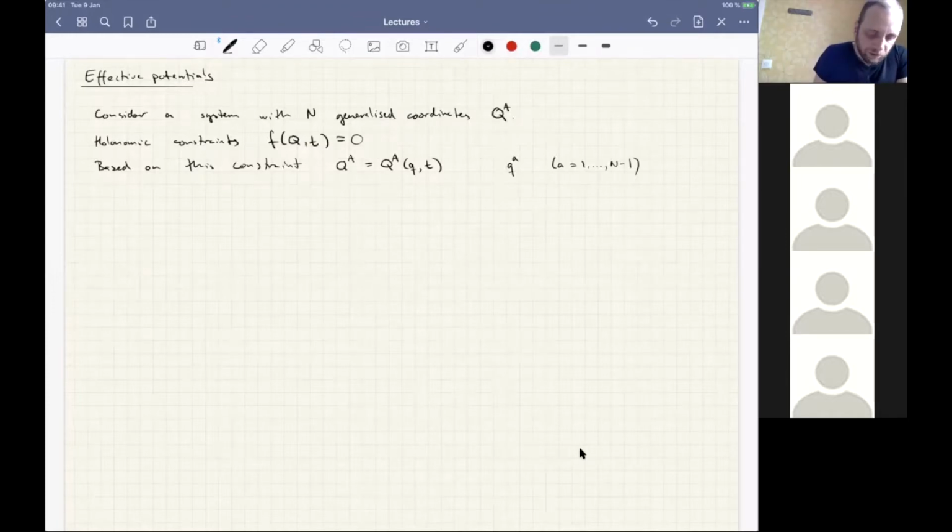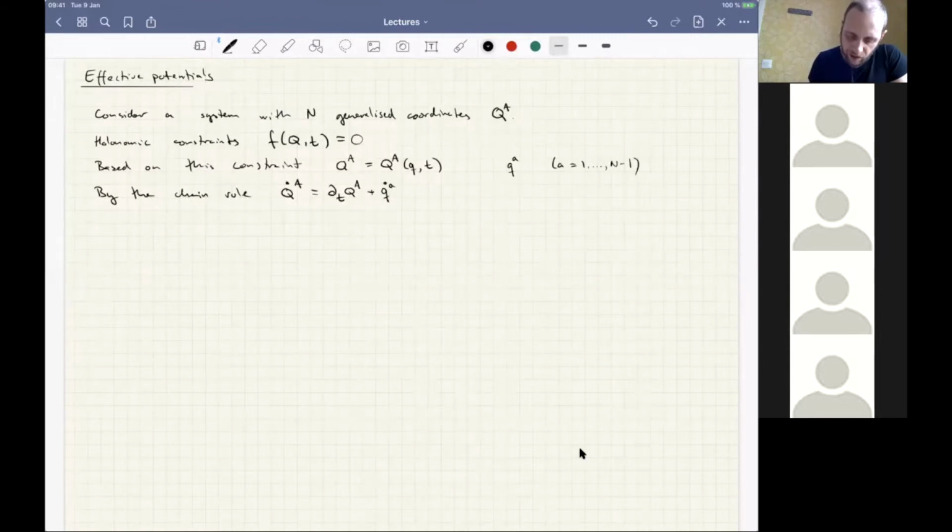And by the chain rule, if I want to know the time derivative of the capital Q's, we have the following. If I take the time derivative of that, what I get is the partial derivative with respect to time of Q^A plus q dot^a times the partial derivative of Q^A with respect to q^a. This is just the chain rule for these functions Q^A.